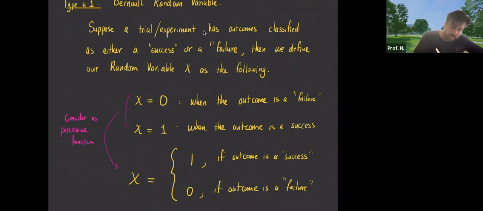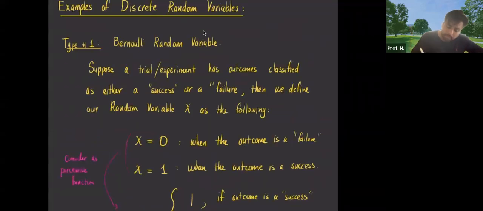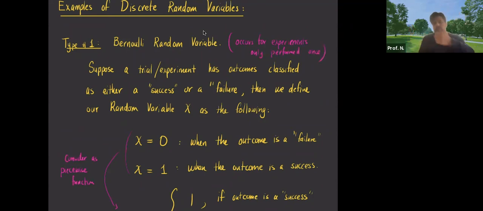The Bernoulli random variable occurs for probability experiments only performed once. If I flip a coin one time and I stop, there's no more. That's representing a Bernoulli random variable.